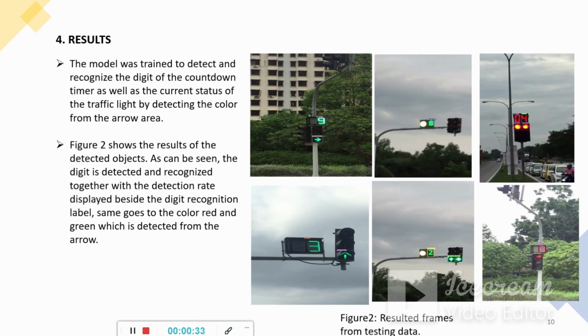There are two types of digit sharpness, displayed in Figure 2. As we can see, in the left two pictures and the right two pictures the sharpness of the digit is quite high compared to the middle two pictures.